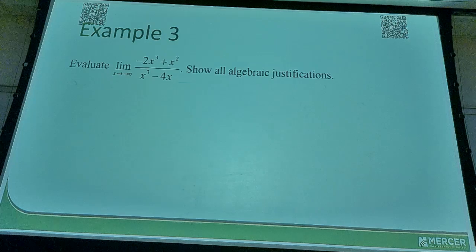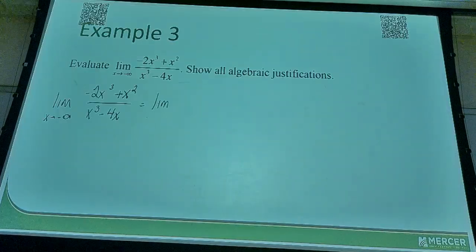Quick look, what should this limit be? -2. Now let's justify it. We're going to factor out an x cubed from the denominator, right? You'll be left with 1 minus 4x squared.